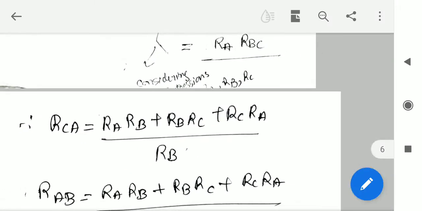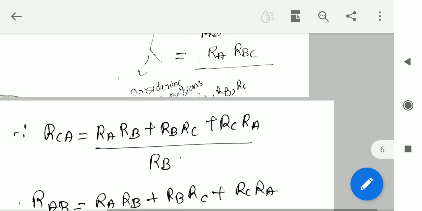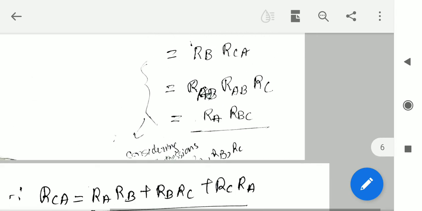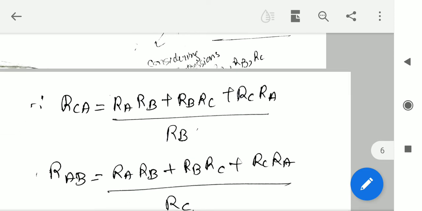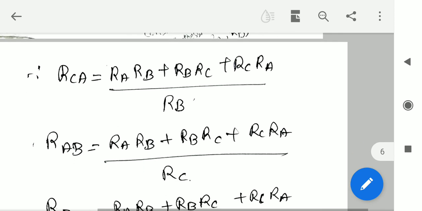Now RCA is equal to RA into RB plus RB into RC plus RC into RA divided by RB. If I want RCA, I take this RB to the denominator, and the numerator remains the same.